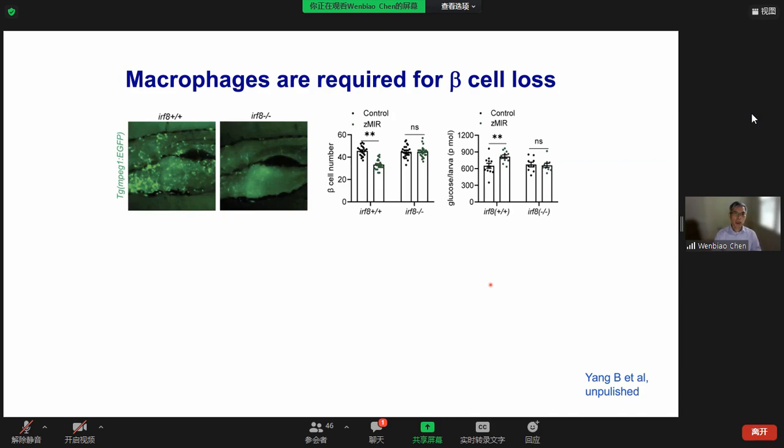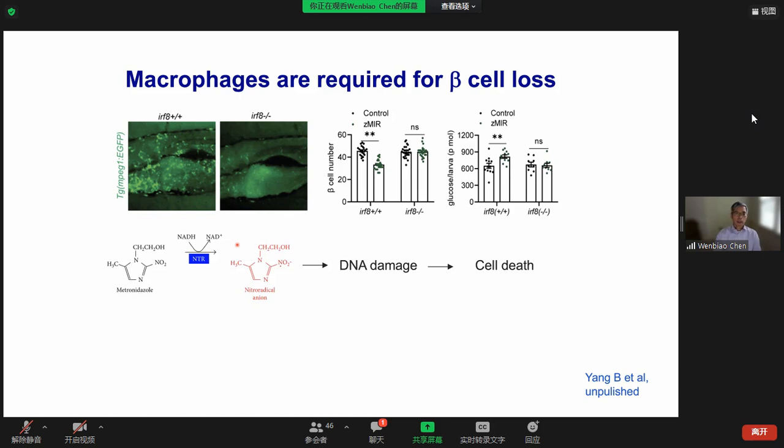We did three types of experiments: clodronate liposomes, as everybody uses in mouse, which we also use in zebrafish; the IRF8 mutant that has macrophage deficiency and very few macrophages; and another model where we can selectively ablate macrophage using a prodrug-mediated cell killing approach.